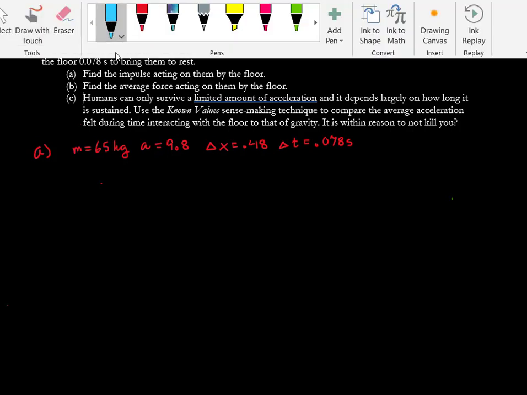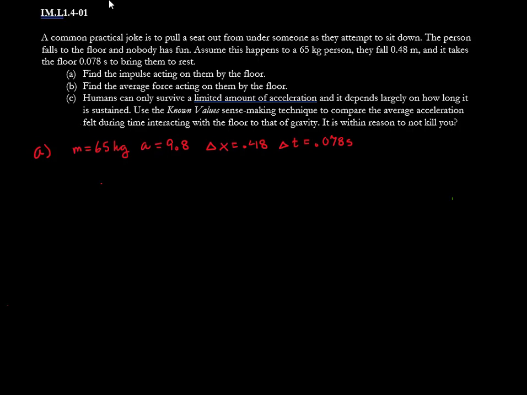Okay, so this problem can be broken into two parts. The first part, I'll draw a diagram, is when the person is just about to sit and they are falling all the way down to when they first hit the floor. So their initial velocity is 0 here, and their final velocity is some unknown value. We don't know that yet.